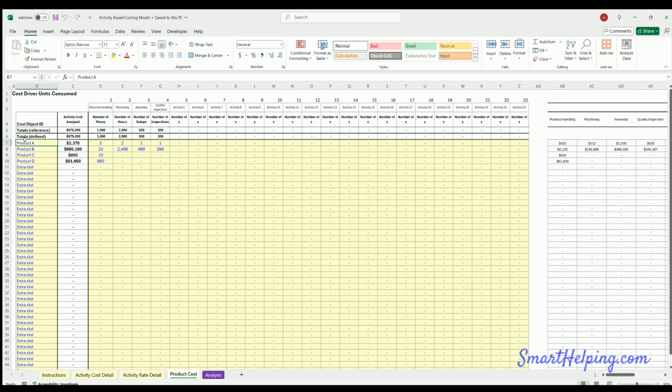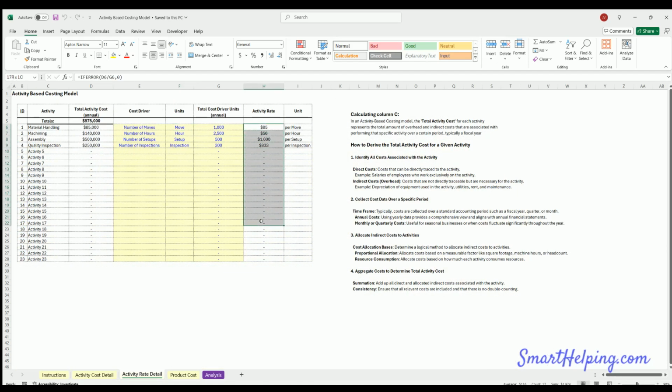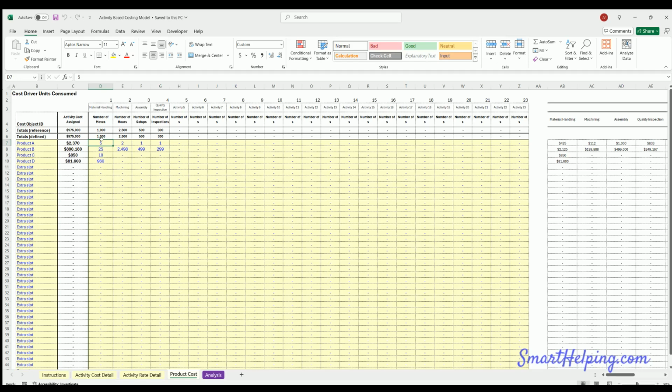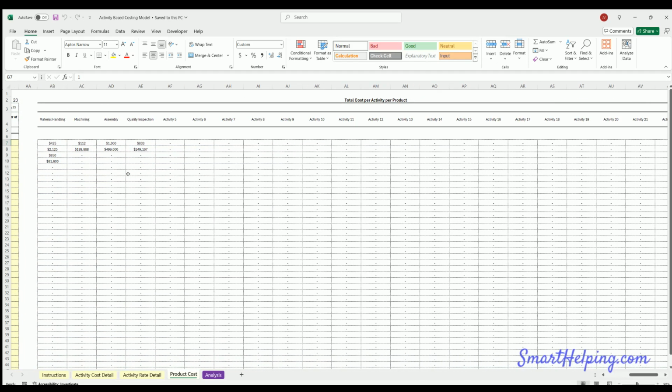And we say for product A during the course of a year, and this is not per product, this is for all of product A that was produced for the year, how many moves were used. And we know up top here that across all products there were 1,000 units used. So we have to split that between the different products now. And then we're going to apply the per unit cost, which is derived here, to this count of units used for the product, which you can see that calculation is happening over here.